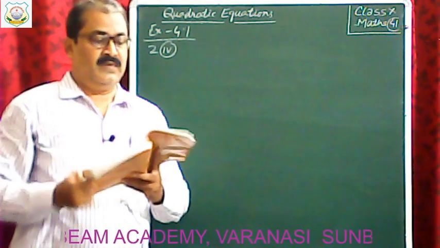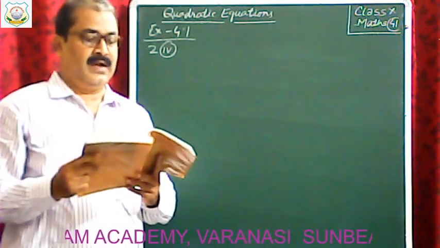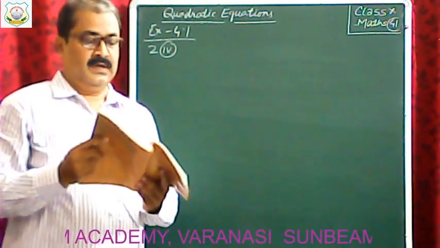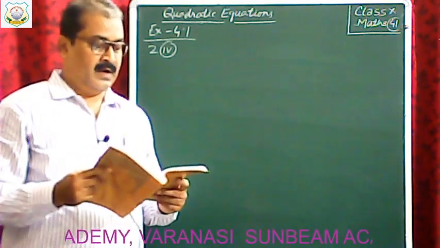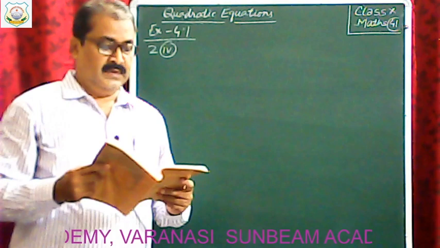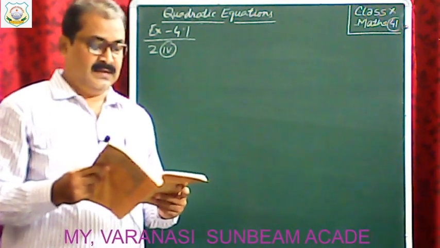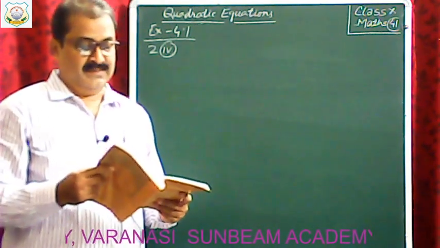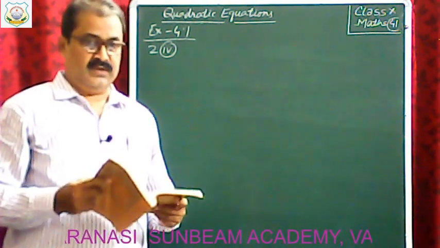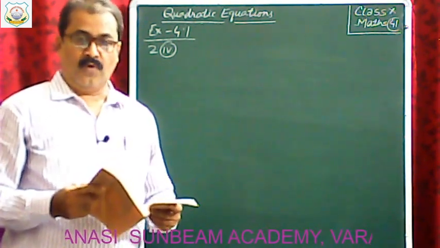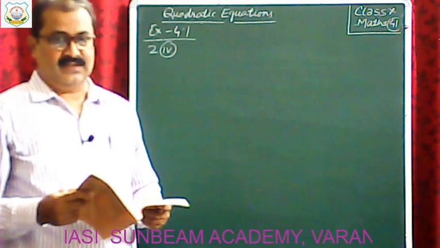A train travels a distance of 480 km at a uniform speed. If the speed had been 8 km per hour less, then it would have taken 3 hours more to cover the same distance. We need to find the speed of the train. Only you have to form the equation as per the given condition.